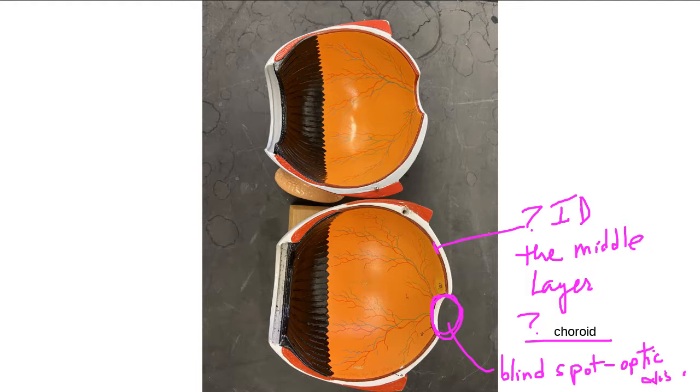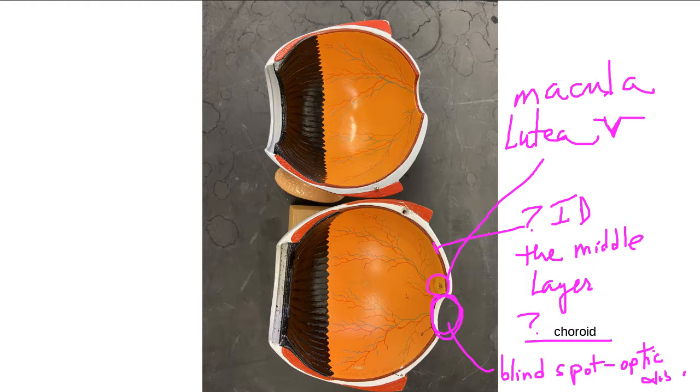Okay, this little yellow body here is known as the macula lutea. Macula lutea. Now, in the macula lutea, you see a little pit. You see a little pit that looks like this. And that pit is known as the fovea centralis.